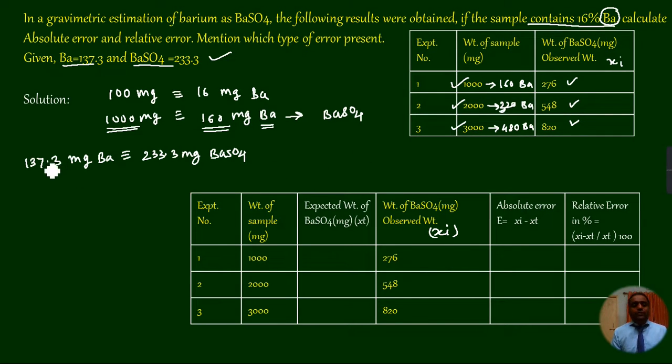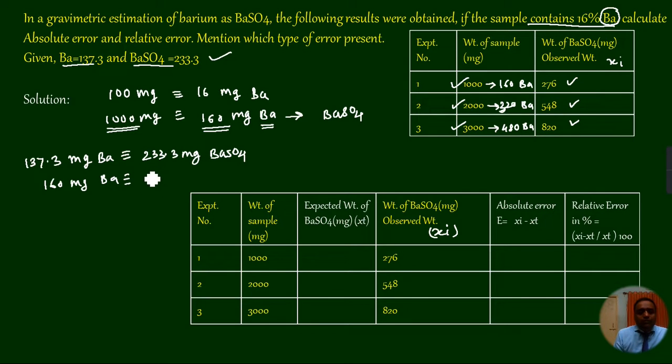So we have 137.3 milligrams of barium, which will be corresponding to 233.3 milligrams of barium sulfate. Then for 160 milligrams of barium, we need to find out how much barium sulfate there will be.